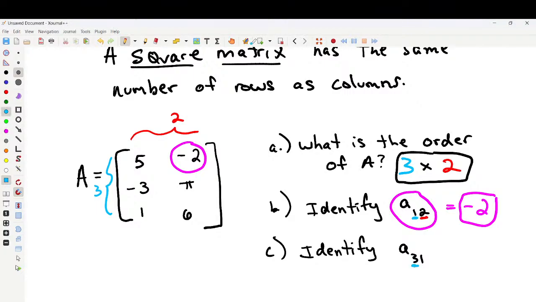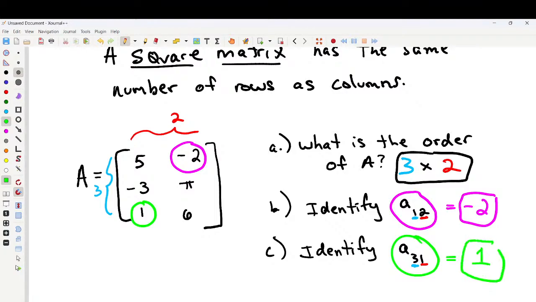So you go to row 3 and position 1. Oh, so it could just be a 3? No, it couldn't just be a 3, because you're in the third row, but you need to say what position you're in. All right.